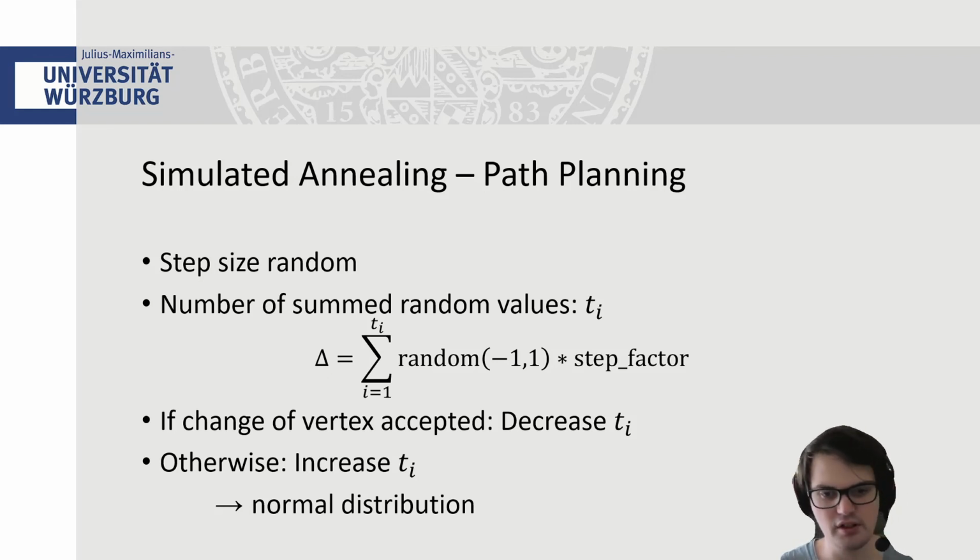But if we keep declining our displacements, then we will start making larger and larger steps. So this way the algorithm adapts to the current situation. But also in the end, if the values are pretty high, as it's a normal distribution, we will still have a focus around 0. So we will still also make a lot of small steps. Yes, so that's basically it. And now we can switch to the algorithm in action.